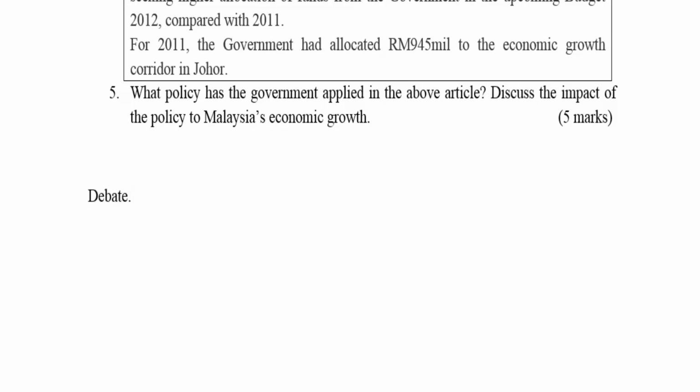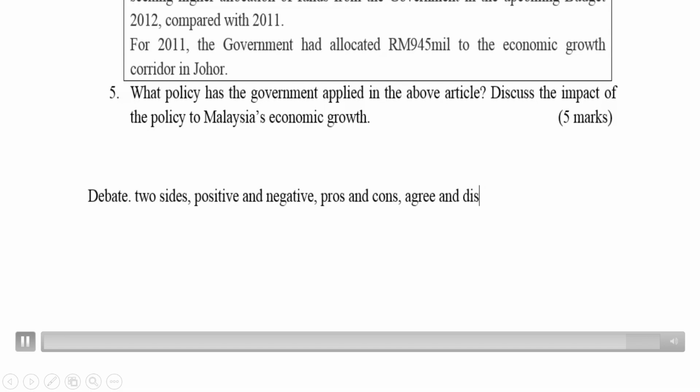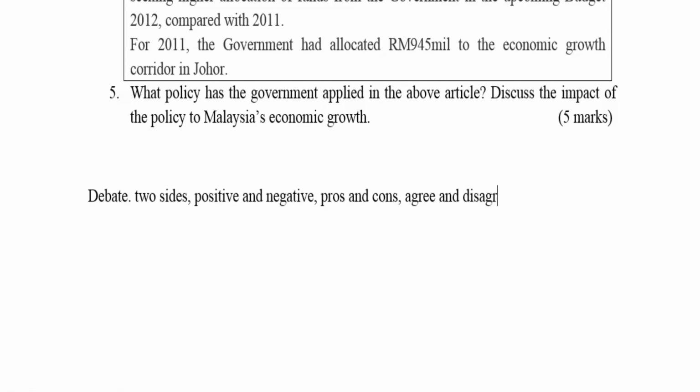So instead of just talking about one way, you have to give two sides. Two sides may be positive and negative. Okay, pros and cons, agree and disagree, should and should not.